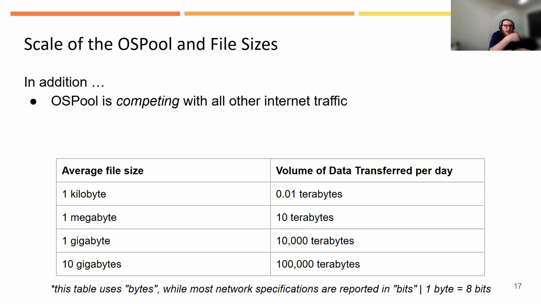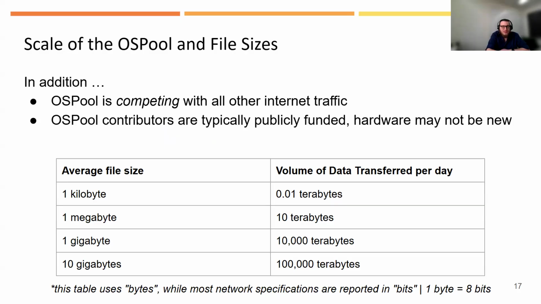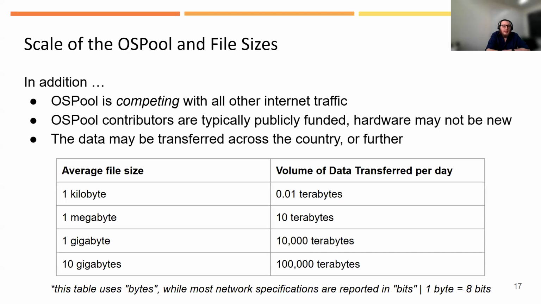Okay, in addition, the OSPool is competing with a lot of other internet traffic. OSPool contributors are typically publicly funded, so the hardware may not be the latest and greatest network hardware for transferring data. And you could be transferring the data from New York to San Diego or further.